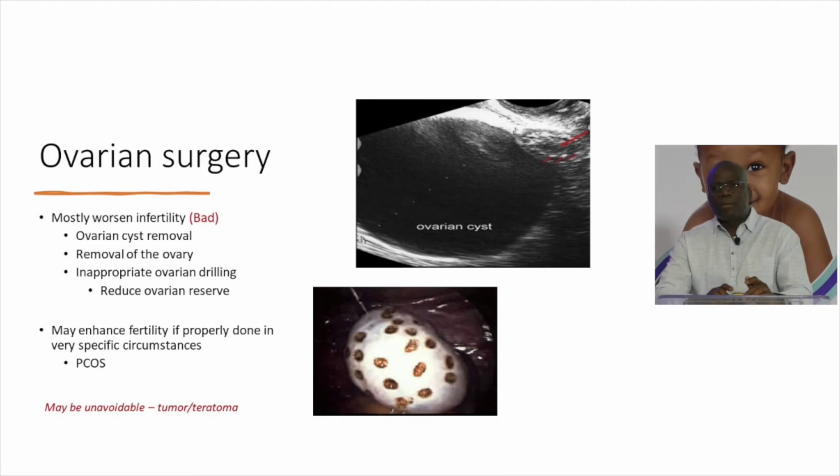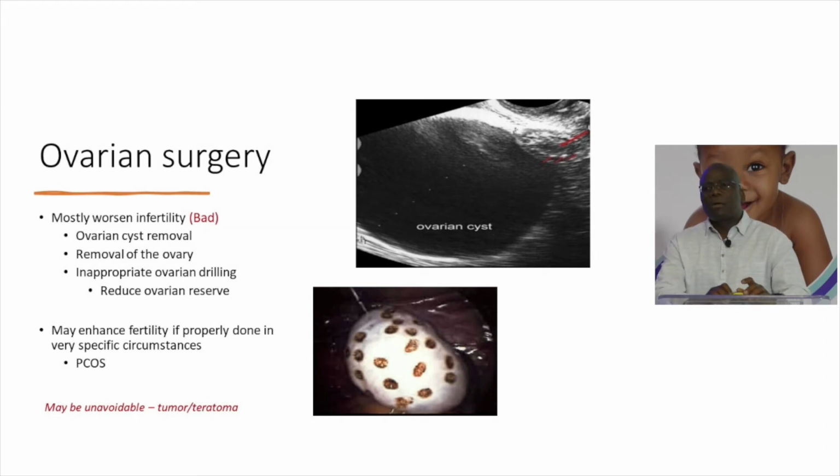The other problem that we see frequently is the so-called ovarian drilling. This happens in patients with PCOS. Now, there's a picture there with an ovary with lots of holes. That's called ovarian drilling. That is a badly done procedure. Every operation done on the ovaries will damage the ovarian reserve, which means that it's going to deplete the ovarian eggs that you have, and thus be very, very careful if the doctor requests that you must have surgery for the ovary.